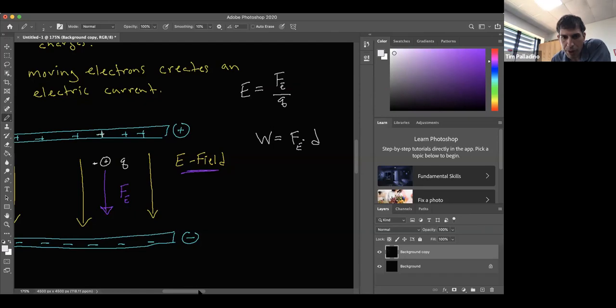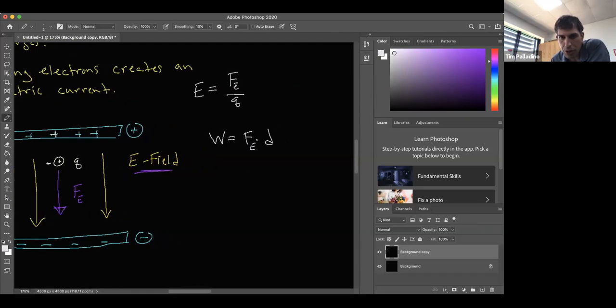So if we knew the electric field strength, we could figure out the force on the object. So let me rearrange this: if we want to know the force on a charged object in an electric field, we can just write that as whatever the charge of the object is times the electric field, okay?